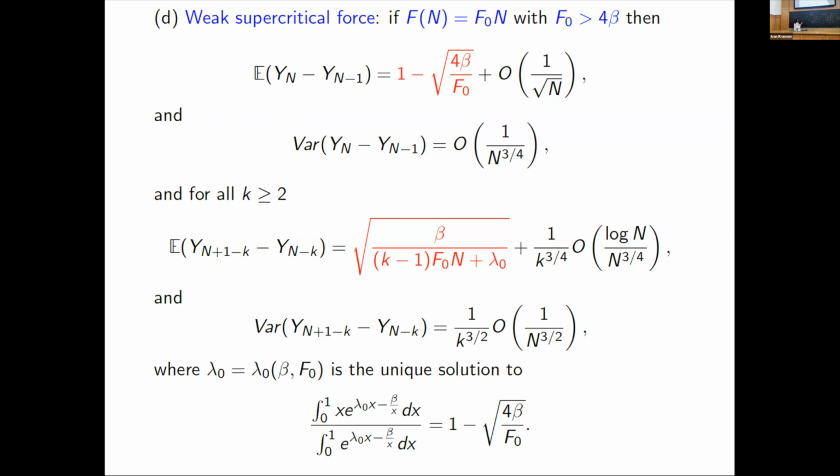Then this force, when it is just above critical, the first one is of order constant, and then it is almost equally spaced, starting from order of root of n.